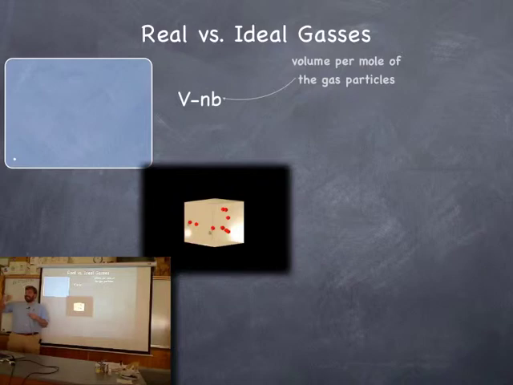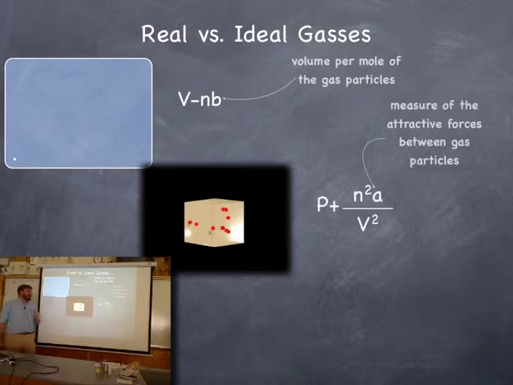If we want to calculate this, we have to add back in a factor that accounts for how much the gas particles are being attracted towards the middle of the container. If these gas particles attract each other and are not attracted to the walls, that force pulls them in towards the middle and makes the measured pressure lower than it should be. So we have to add in a corrective factor for that pressure.